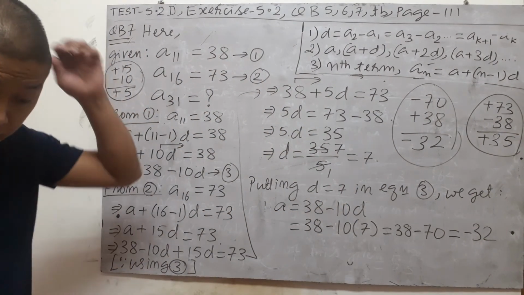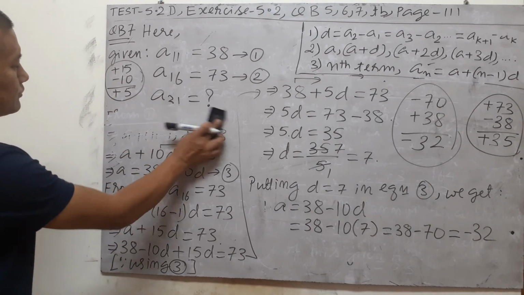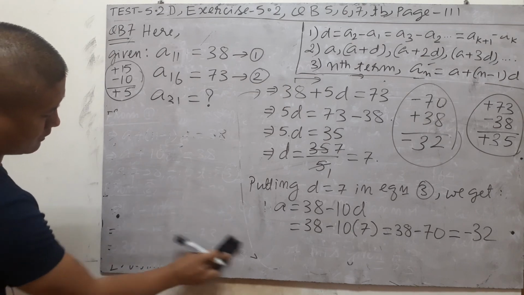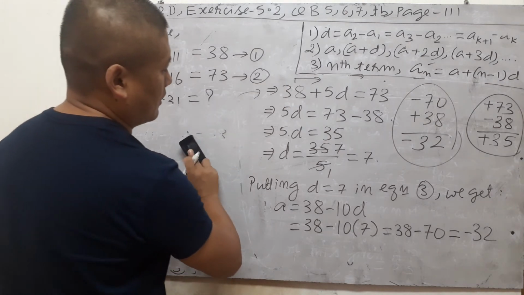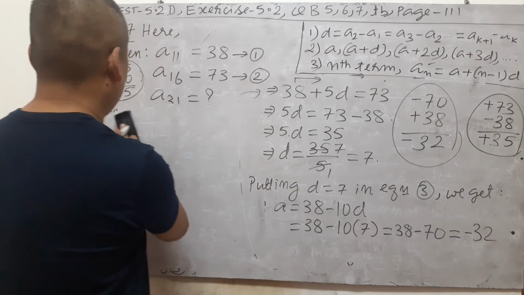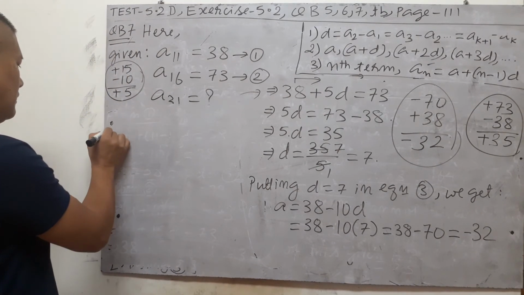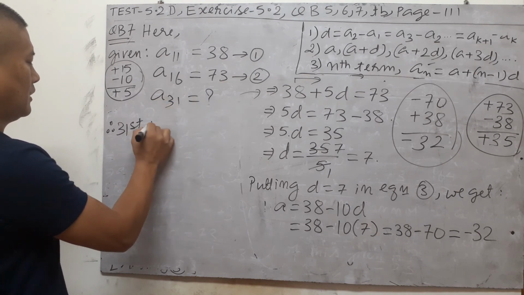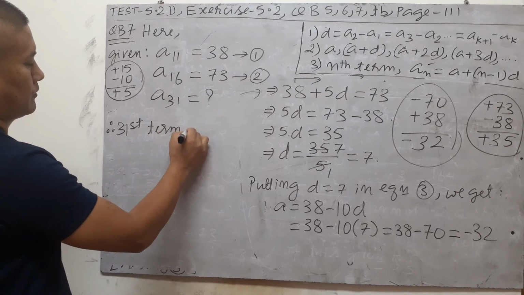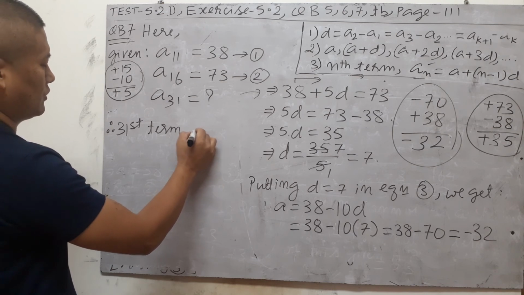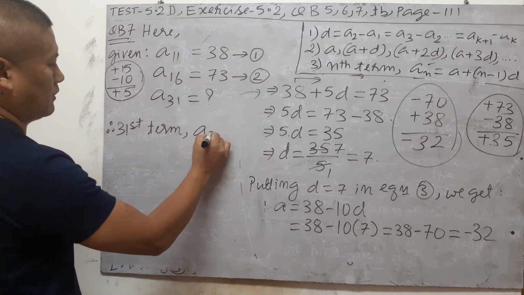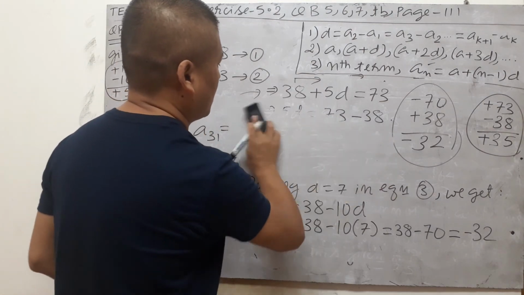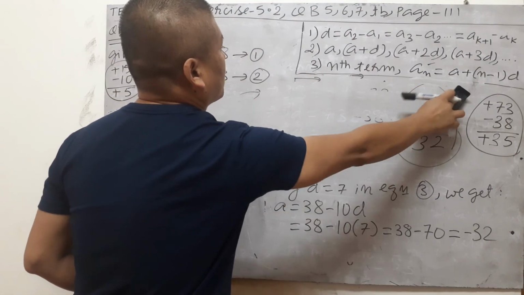So now we can answer our question. The question is saying find the 31st term. So you write here, therefore, answering that particular question, 31st term, which is simply put A 31st, this one will be equal to, here you can use this formula also or this one also.